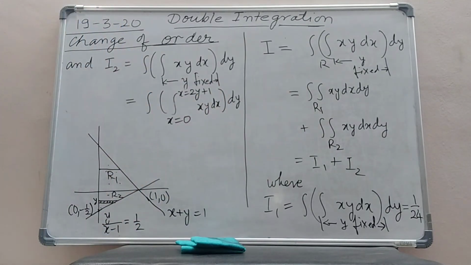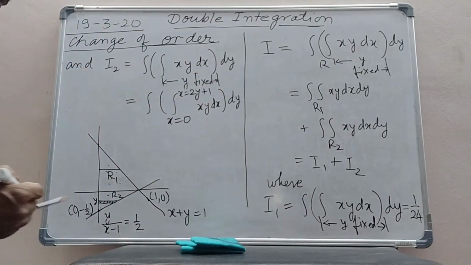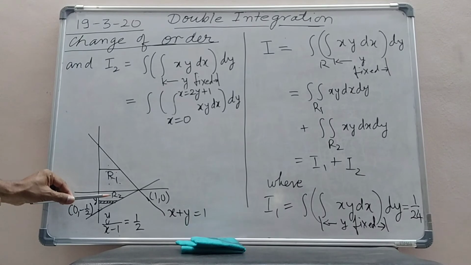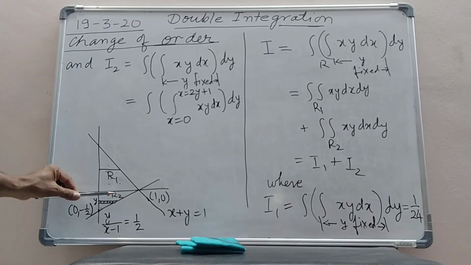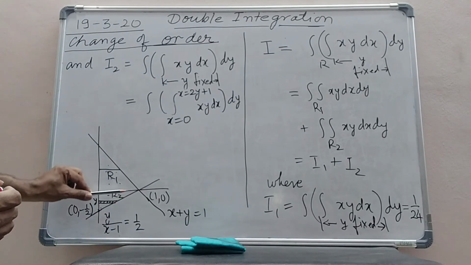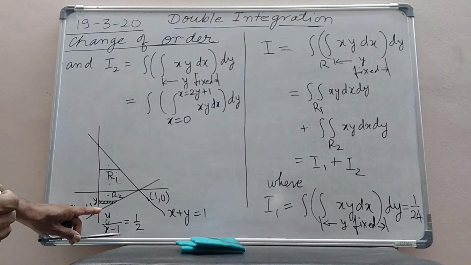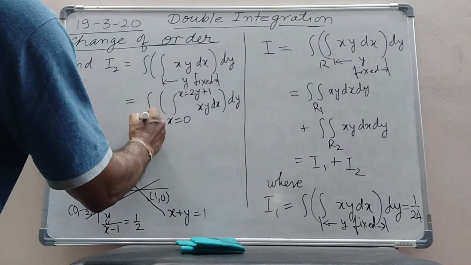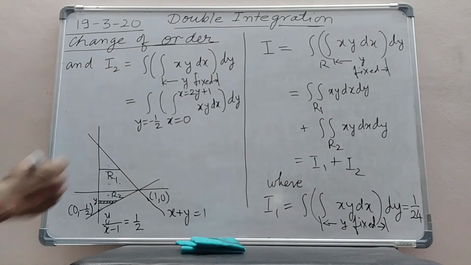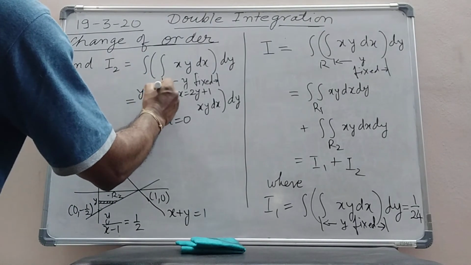Please note the correction. Okay, so once I have carried out integration over this strip, and since I need to carry out the integration over all of R2, I fill R2 with strips of this kind, and the lowest position of such a strip would correspond to y equal to minus 1 by 2, and the topmost will correspond to y equal to 0.